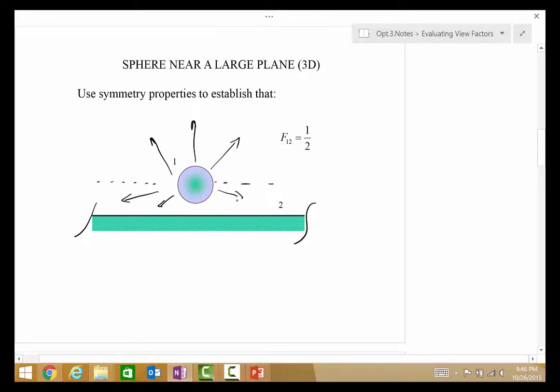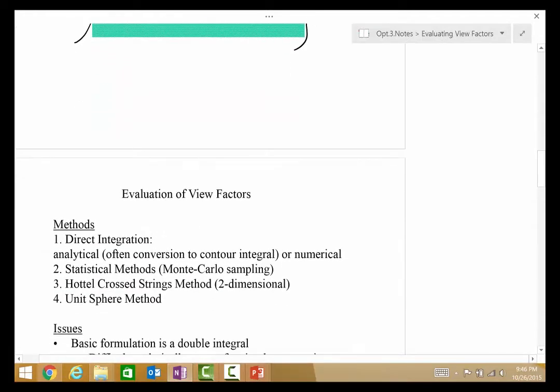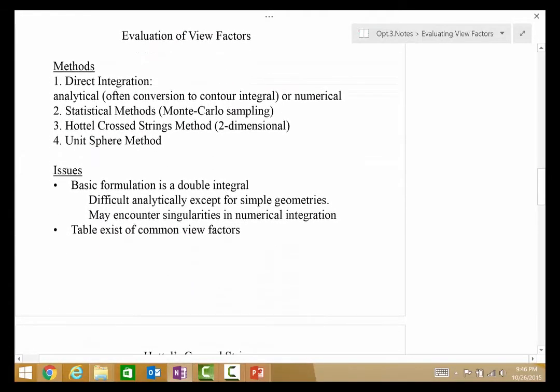And if it's a large enough plane, half of the radiation from surface 1 will impact surface 2. So we need to be able to use symmetry properties as much as possible to develop view factor relationships.